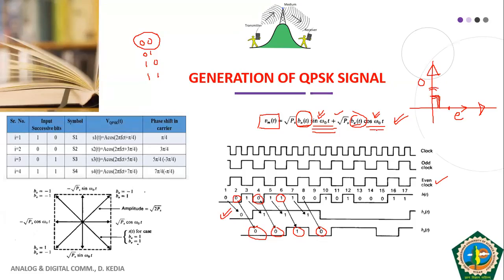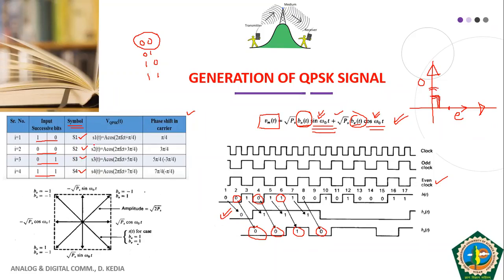Mathematically, if you want to represent your bits, a table has been shown in this slide where you can see the successive bit sets 10, 00, 01, 11. I told you there are four possible digital symbols, which can be represented as S1, S2, S3, and S4.